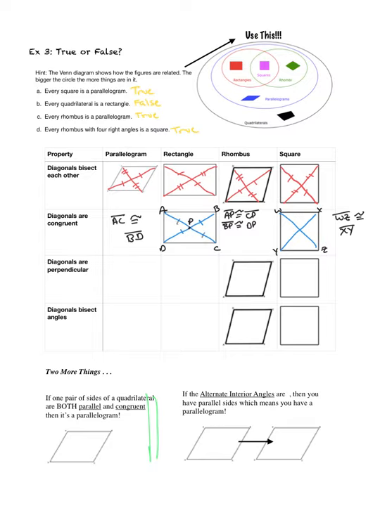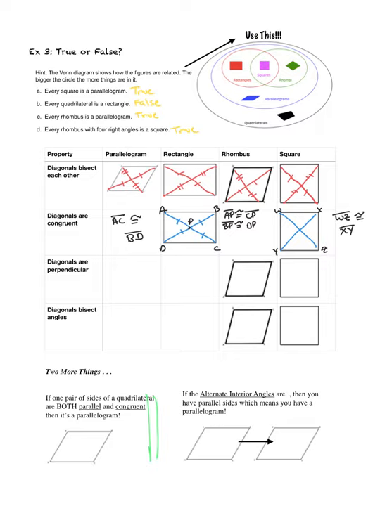And since AC is congruent to BD, what that means is all four pieces, AP, BP, CP, and DP, are congruent to each other. Same thing works in the square. I'm just not going to do it again.